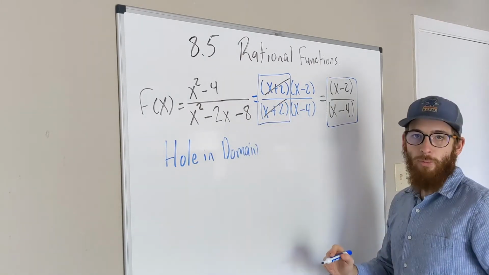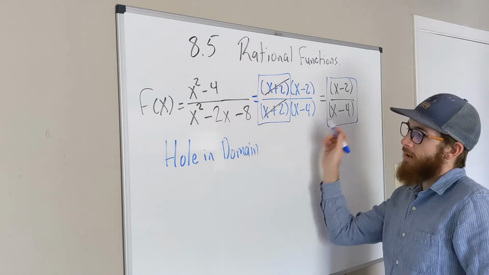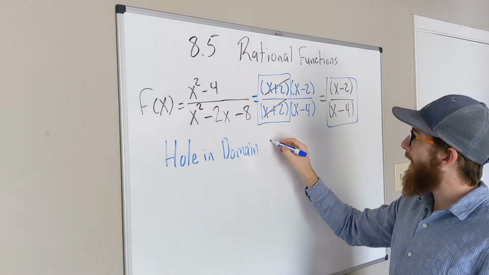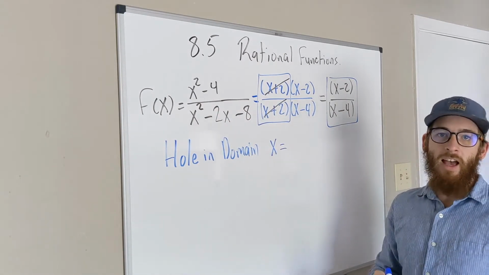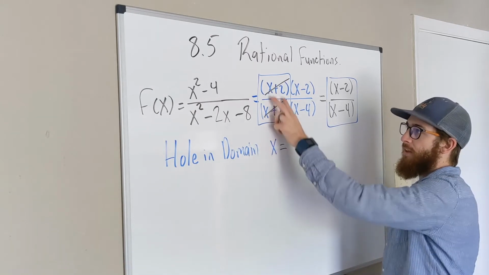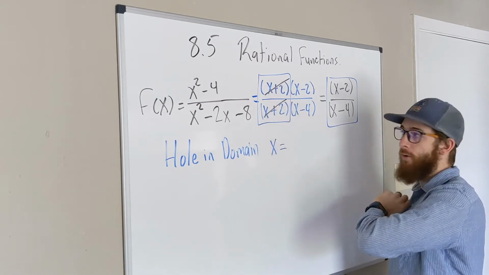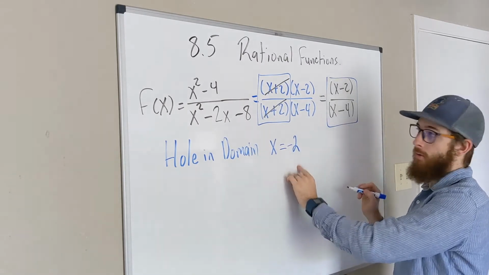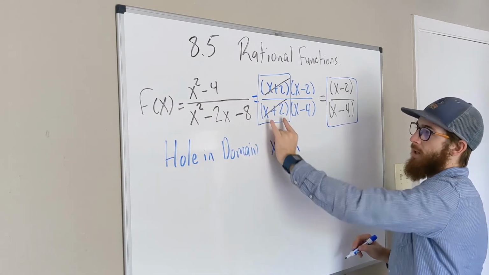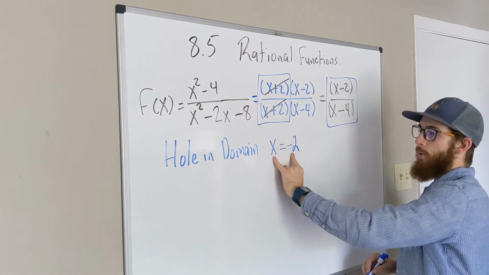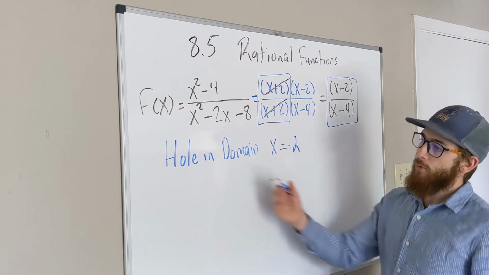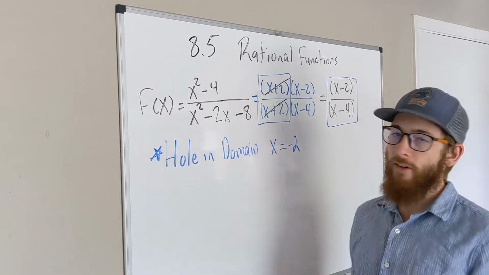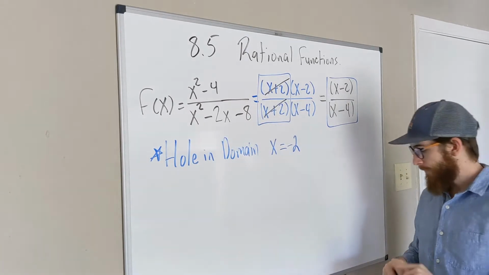So this function right here has a hole in the domain at x equals what? How do we find x equal to? We set the piece equal to 0. So that would be x equals negative 2, because x plus 2 equals 0 would give me this. So remember, common factors in the numerator and denominator give us holes.